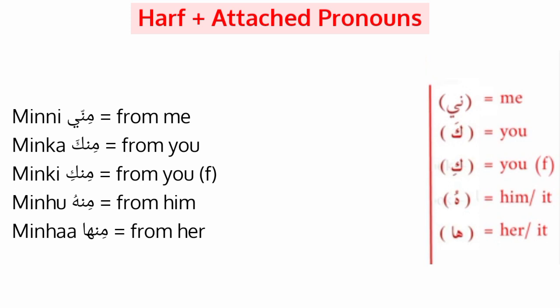And let me tell you what has happened. Min is actually a Harf of Case 3. It wants the next ism to be in Case 3. So you wanted to say from me, or rather from I, right? From I is from me. In English, me is the Case 3 of I. Do you understand this?